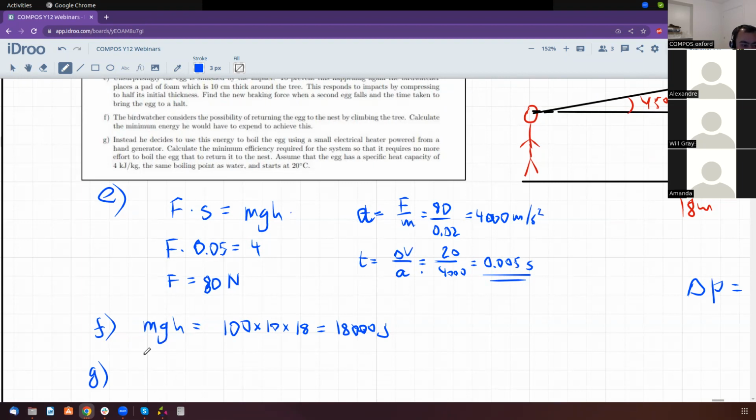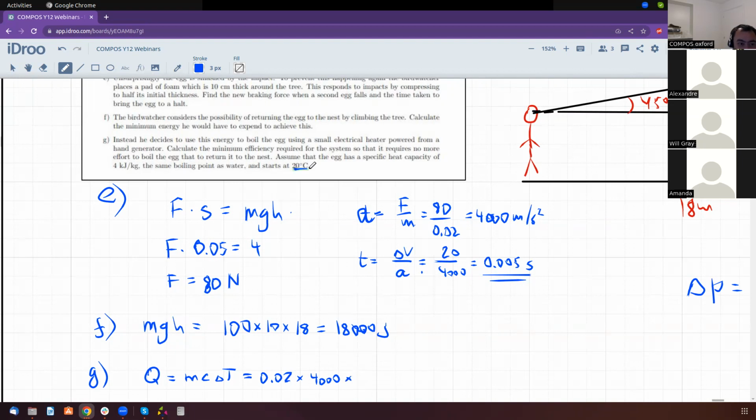So to boil, the energy required is mc times the change in temperature. So the mass is 0.02 multiplied by c, which is 4,000. That's the specific heat capacity of the egg, and then times the temperature change.